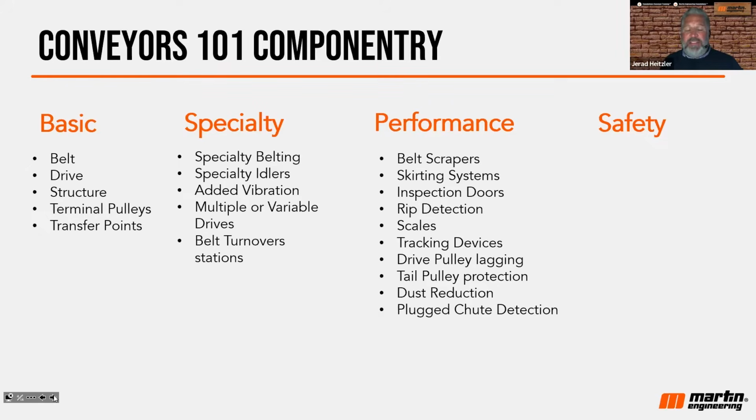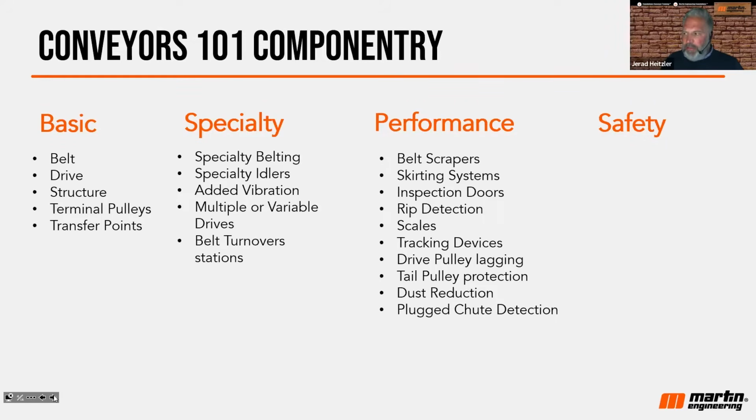You might include scales that weigh the equipment or weigh the material as it's being conveyed. Tracking devices to make sure that those belts track properly. Also, drive pulley lagging. Drive pulley lagging, we're going to talk a little bit more about here in just a minute. Tail pulley production, dust reduction, plug chute detection. All these are different types of performance equipment that really make the difference in successful conveying.